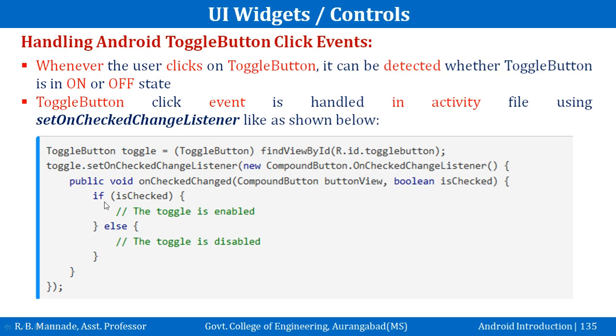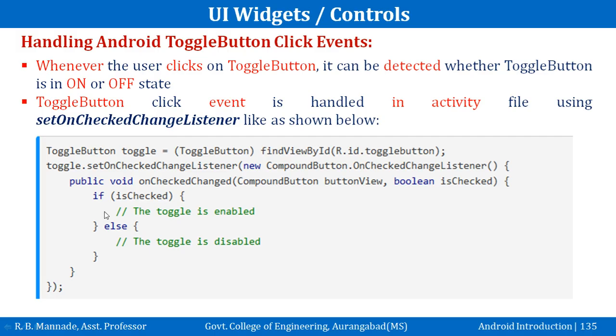In this case, we are simply checking the state of the isChecked variable. If the value of isChecked is true, then the toggle button is set to the on position, which means the toggle button is enabled. Else, if it is false, then the toggle button is disabled.